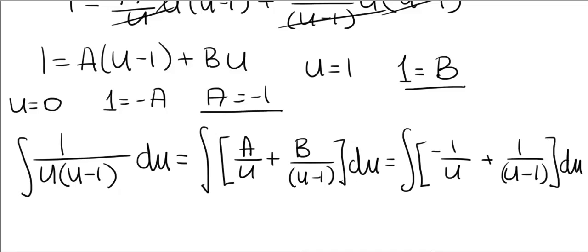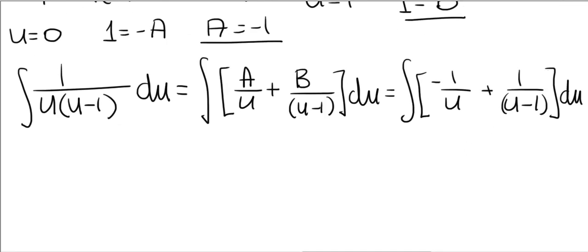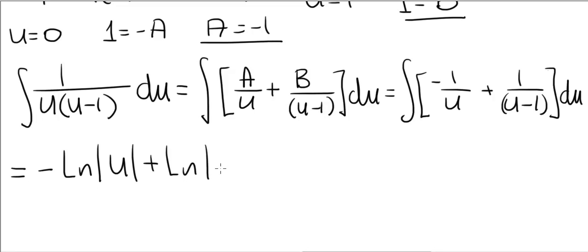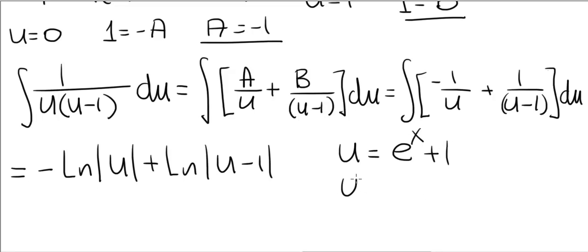And these two are easily evaluated. We have equals minus natural log of absolute value of u plus natural log of absolute value of u minus 1. But note that u is equal to e to the x plus 1, and u minus 1 is equal to e to the x. Both of these are always positive for any value of x, so we do not need absolute values.